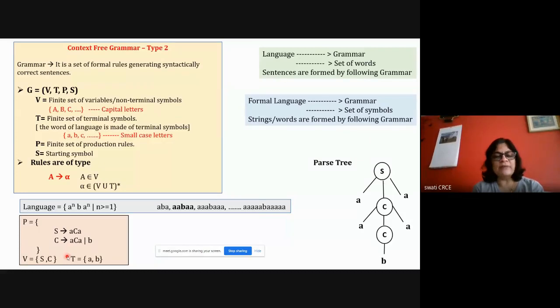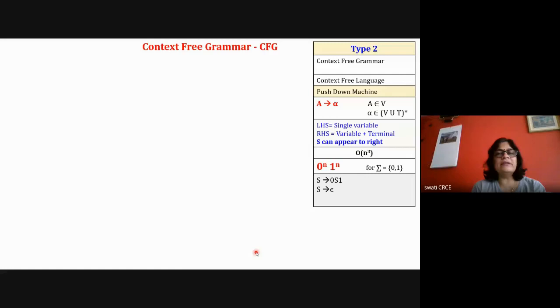Okay, so this is very easy to understand. Once you understand this particular concept, you can remember now. So always remember this example of A raised to n, B raised to n. This example is better to always remember. We'll see that 0 raised to n, 1 raised to n example, you need to remember how to write the rules for that.